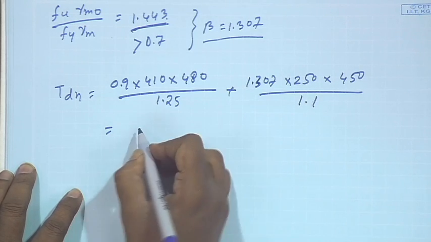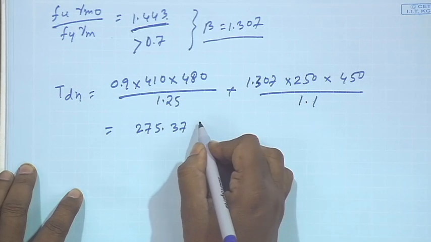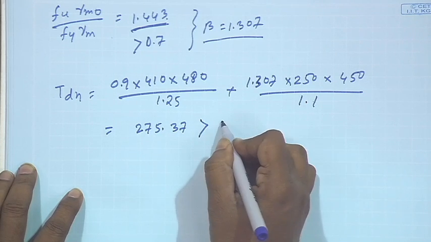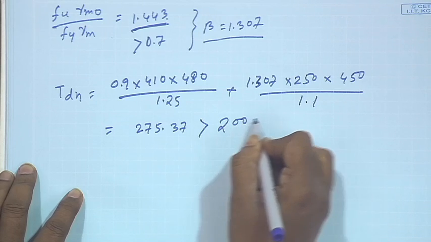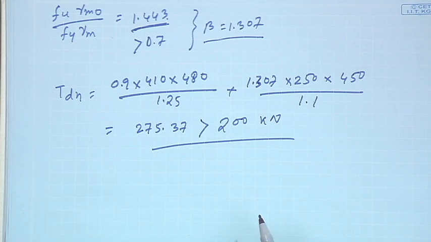So, putting this value we could find 275.37 kilonewton, which is greater than the TU value, that is 200 kilonewton. So, from a rupture strength point of view also, the section whatever we have considered is okay, right.